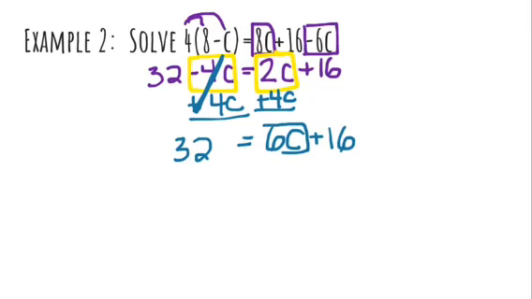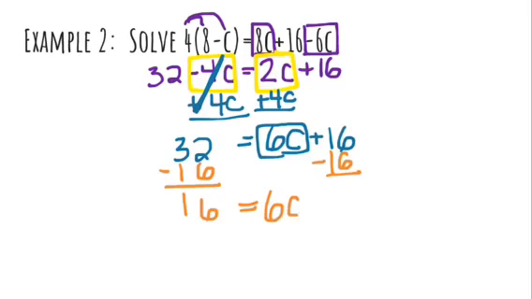Here's my variable term now. I want to get the numbers away from that variable, just those constants. So the opposite of plus 16 is minus 16. On the other side of my equal sign, I'm going to subtract. 32 minus 16 is 16 equals 6c.